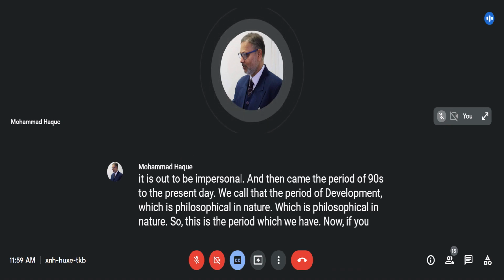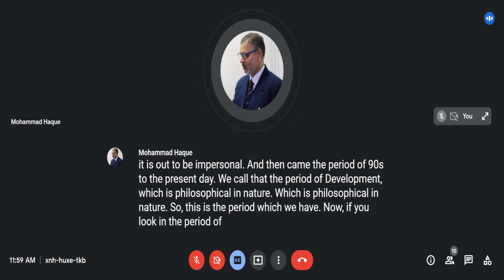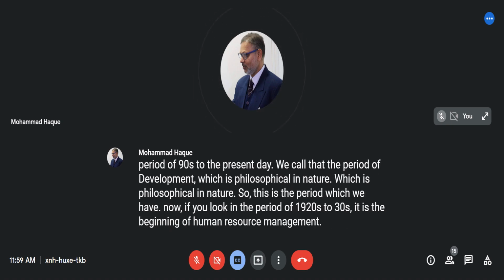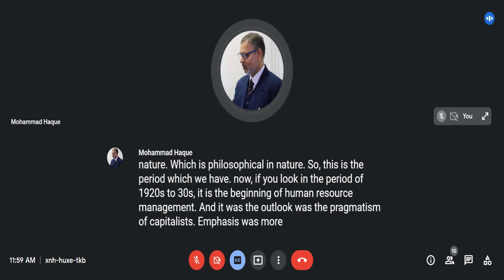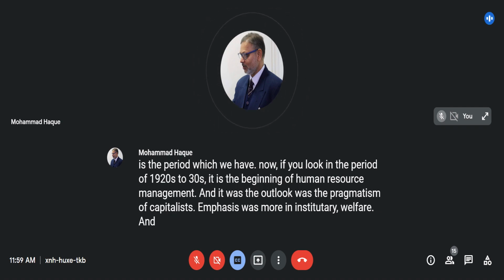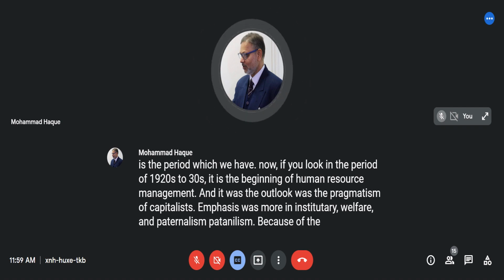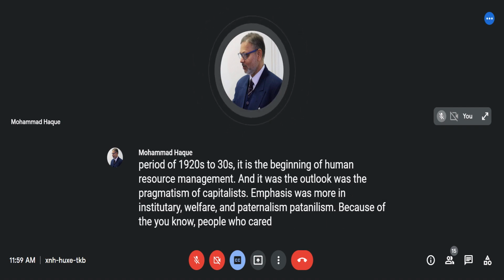Now, if you look at the period of 1920s to 30s, it is the beginning of human resource management, and the outlook was the pragmatism of capitalists. Emphasis was more on statutory welfare and paternalism because of the people who cared for the employee, right?